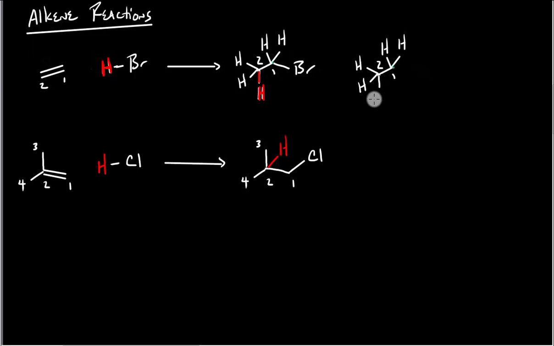So another way you could have drawn this molecule is that bromine could have been on carbon 2 instead of carbon 1. If you had done it this way, there's really no difference at all, because you could see that this is a symmetrical molecule. We could have also rotated this molecule and bromine could be on the right, and this methyl group for carbon 1 would have been on the left. So really there's no difference between this molecule on the left and the molecule on the right.